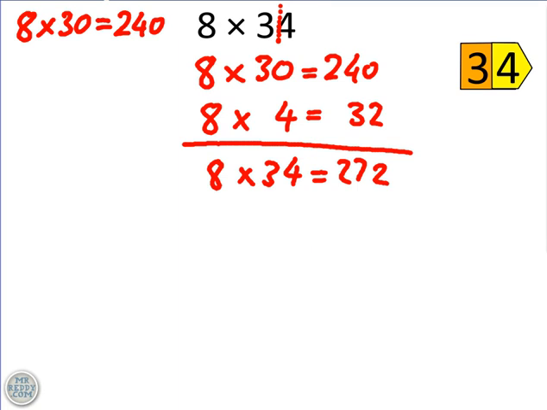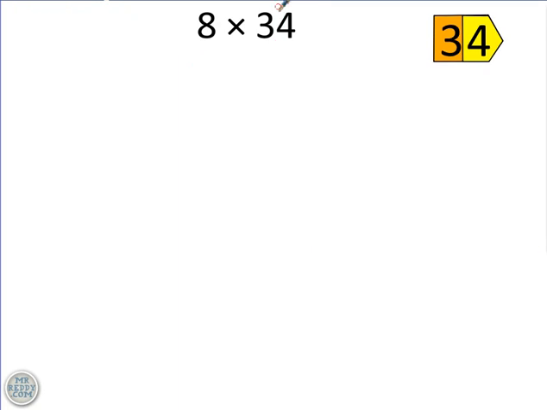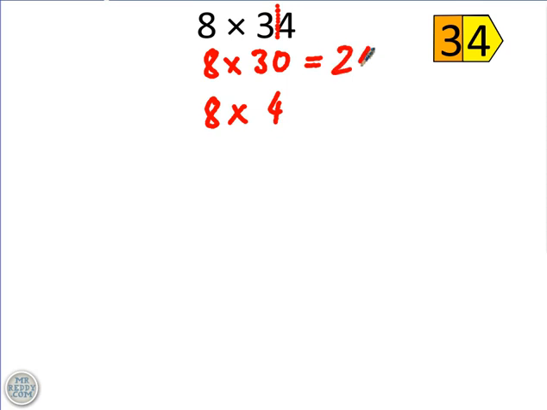So to recap what we just did, we split this 2-digit number into its tens and units and multiplied separately. 8 times 30 and 8 times 4. Calculate that, and then add these 2 together.